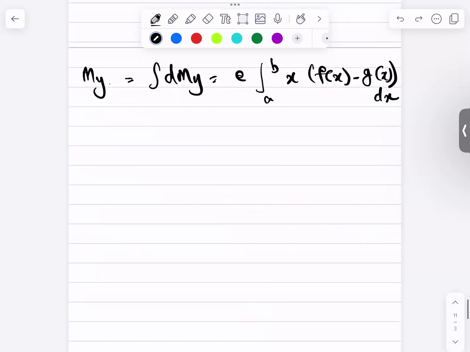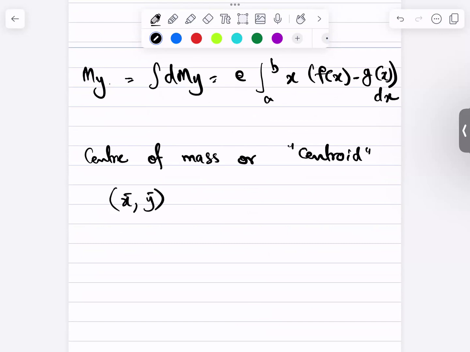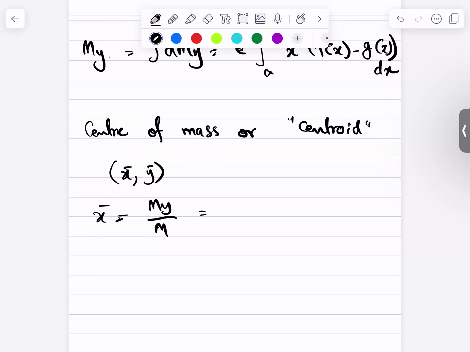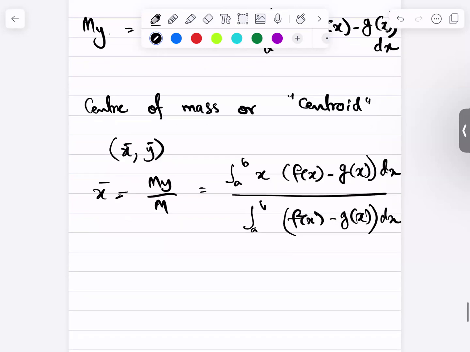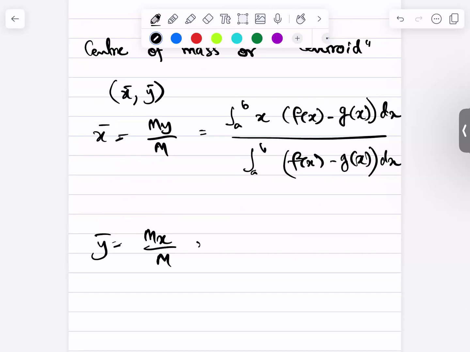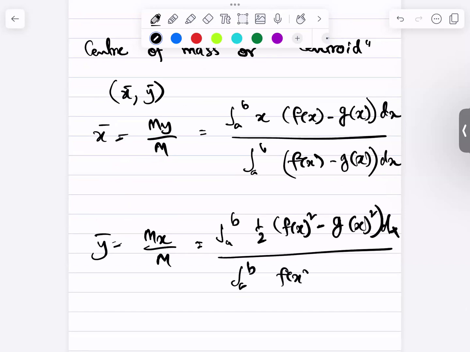Okay, cool. So the center of mass or centroid for this region, x bar, y bar, where x bar is just My over M. In other words, integral a to b of x times f(x) minus g(x) dx over integral a to b of f(x) minus g(x) dx, and y bar is Mx over M, which is integral a to b of half times f(x) squared minus g(x) squared dx over integral a to b of f(x) minus g(x) dx.